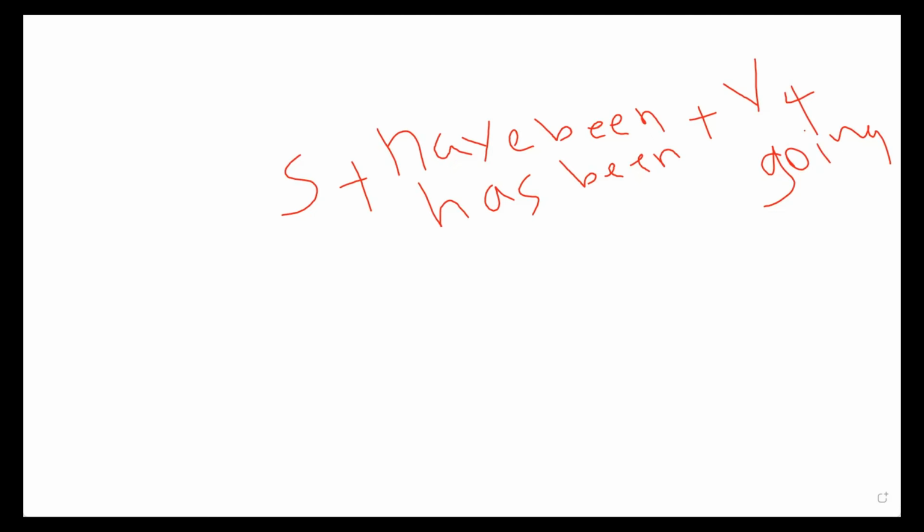Okay. Shall we move to the another tense? Yeah, okay, sir. Okay, right. The next tense: we have completed the four types of the present tense. Now we are going to move to the past tense. First one, simple past.